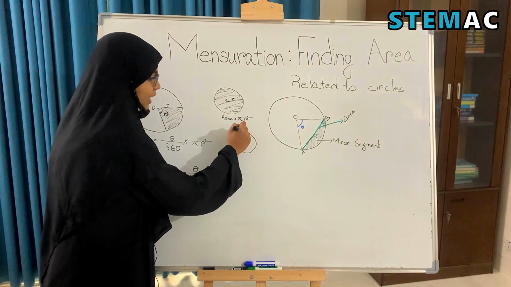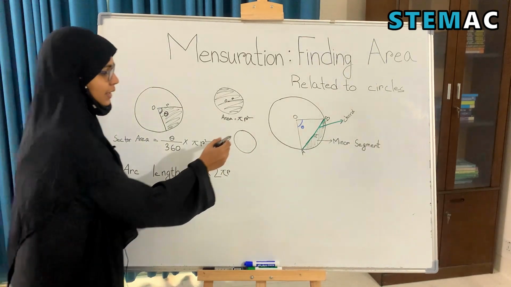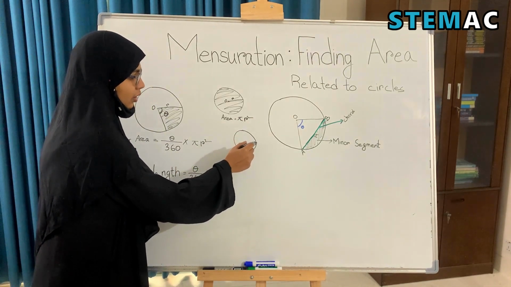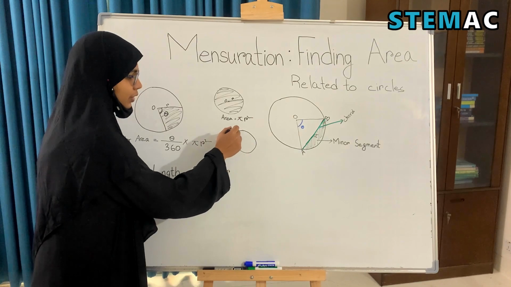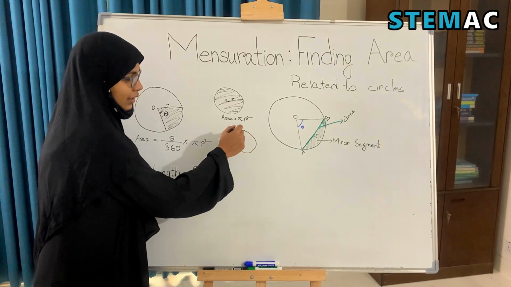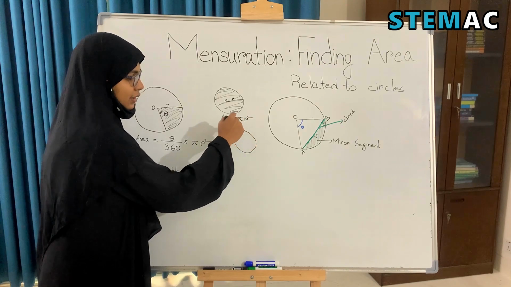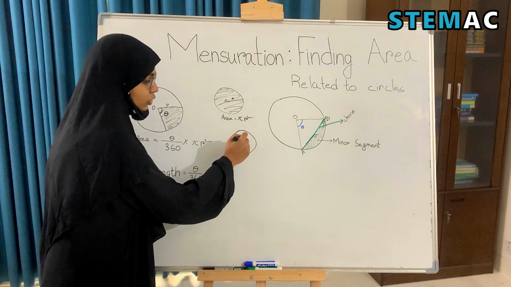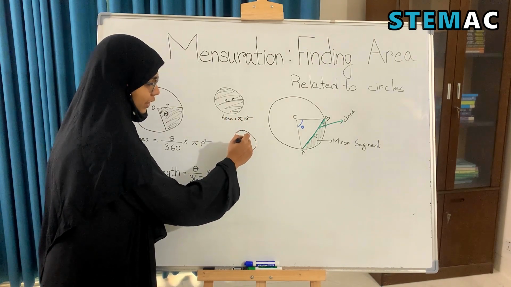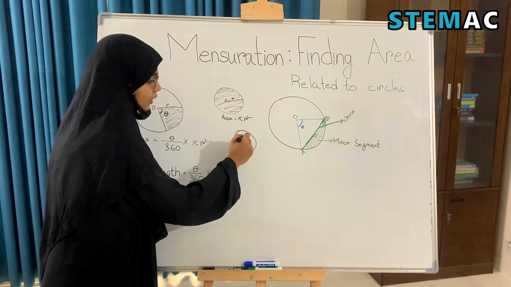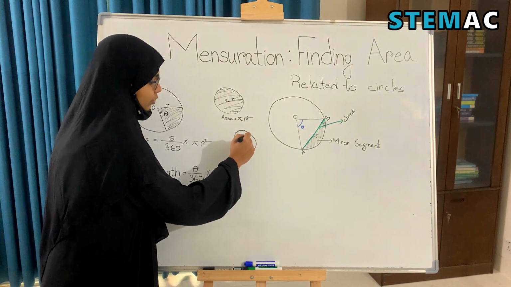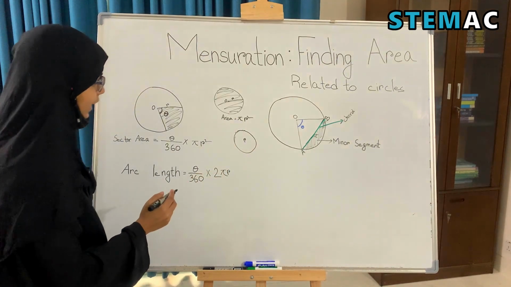What is meant by the circumference is the length of the outline of the circle, or the length of the border of the circle, this length. So that's also dependent on the radius of the circle, which we always denote by r.